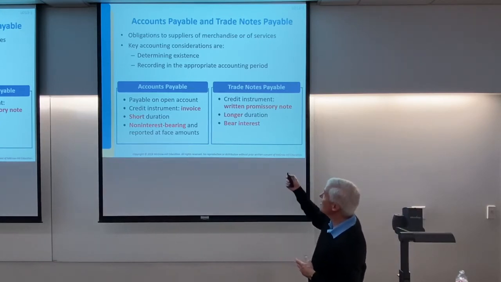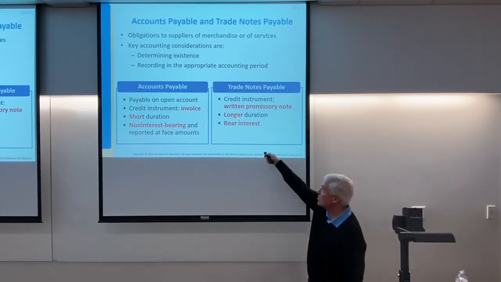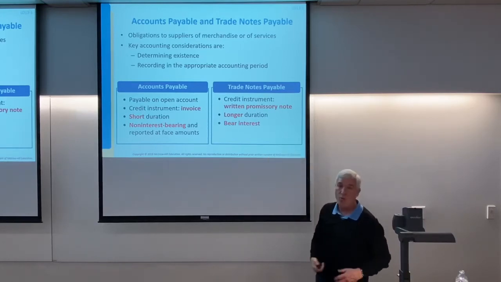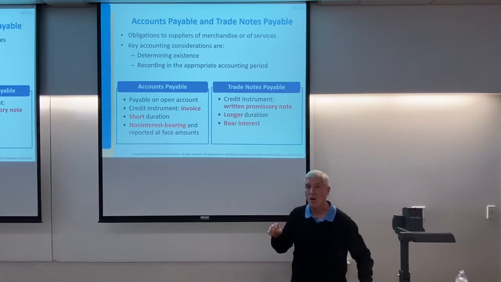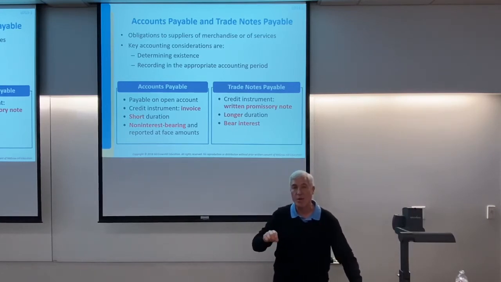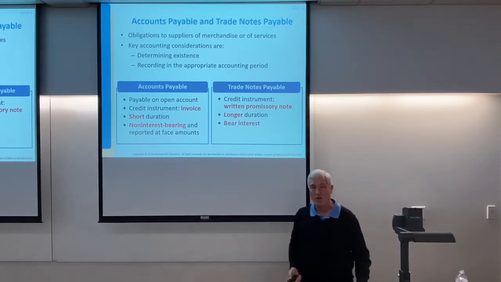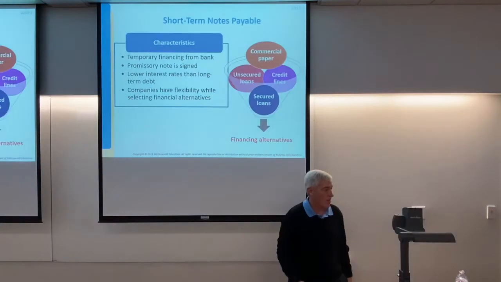Now, a trade notes payable is different, longer duration, and it bears interest. In a note payable, the one thing I'd comment on there is that the interest is paid on the last day of the note. When the note is paid, all the interest comes due on that last day. So we'll look at notes payable in this chapter and how that works.